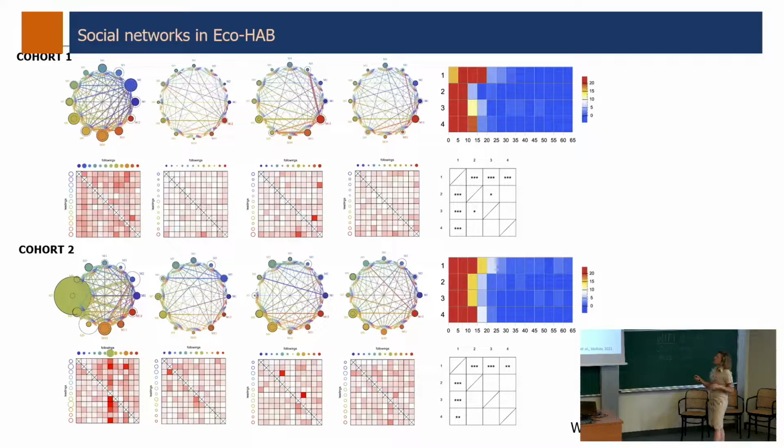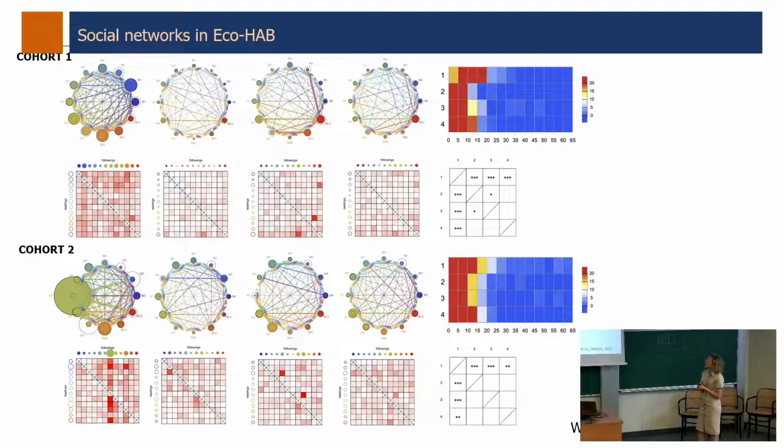But during the following days, the structure is already stabilized, and the number of followings is pretty similar, and there is a clear individual difference. So there are animals that follow others much more than other animals from the group.